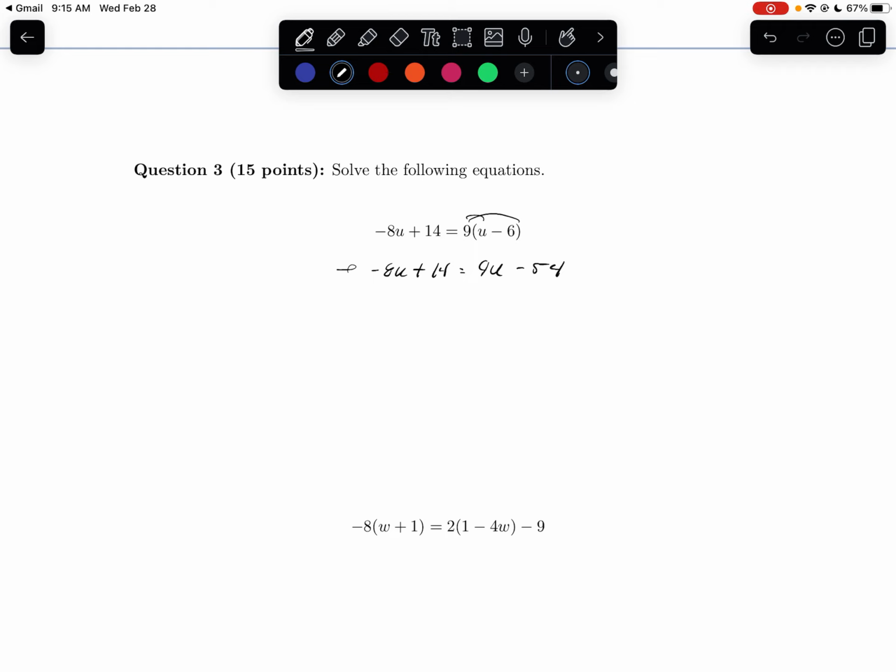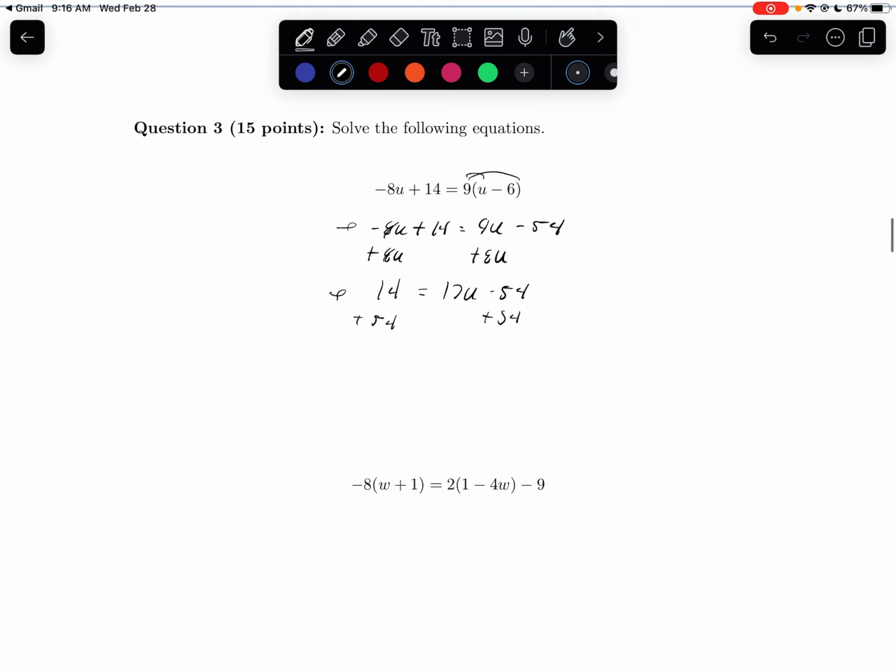Okay. So we want to isolate u by itself. So what we're gonna do is we're gonna maybe move 8u to the other side here. So if we do that, that's gonna give us 14 is equal to 9u plus 8u, that's 17u minus 54. So now we can add 54 to both sides.